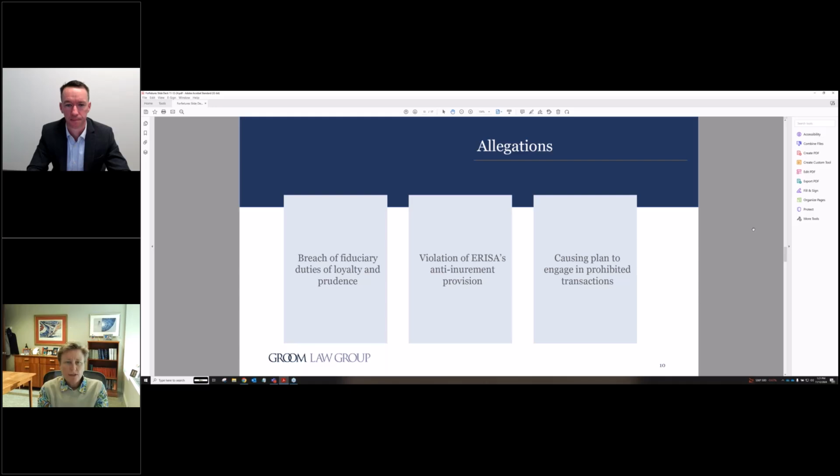At a high level, these complaints generally allege a few different violations of the statute. The first is that plan fiduciaries breached their fiduciary duties of loyalty and prudence. ERISA requires that plan fiduciaries act under a very high standard of care and with utmost loyalty to plan participants.